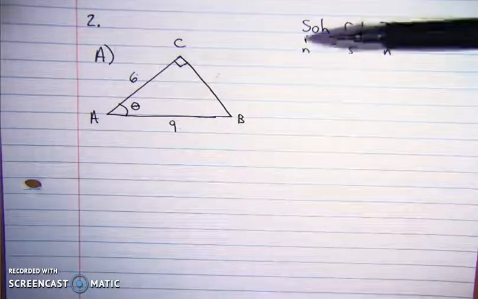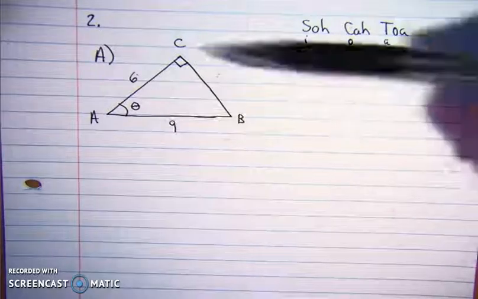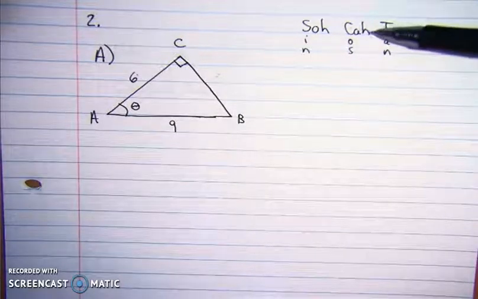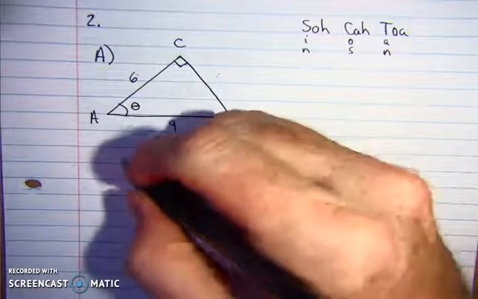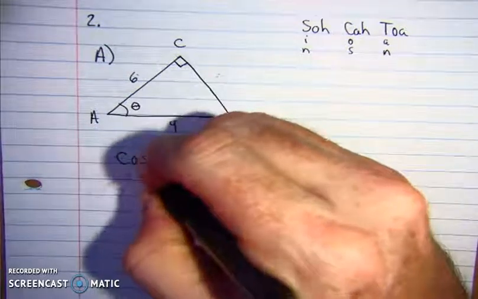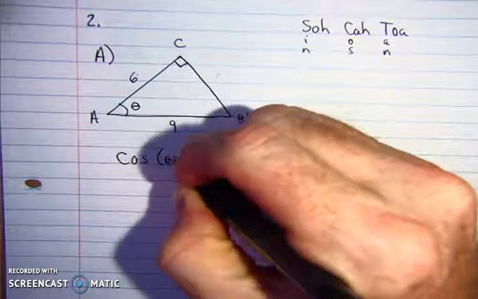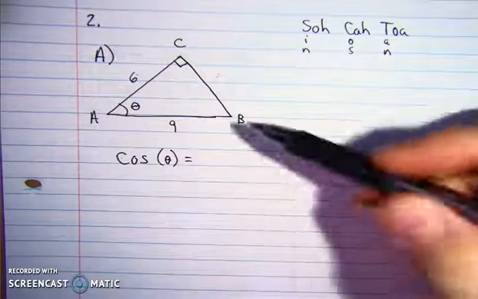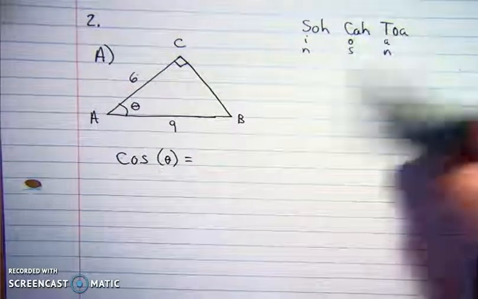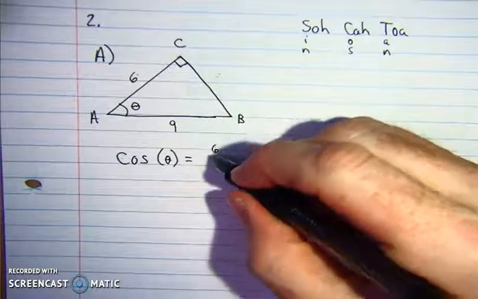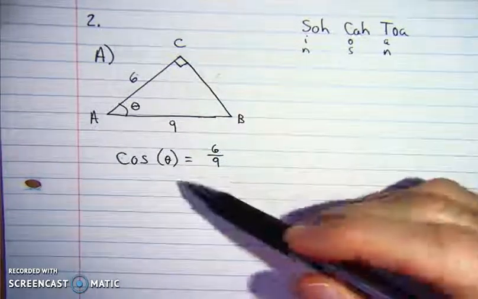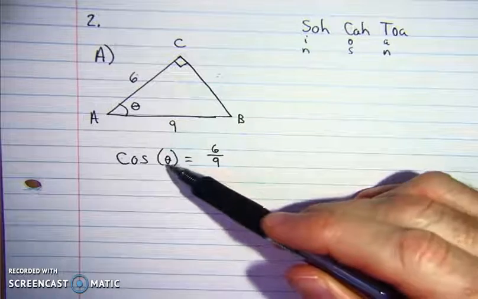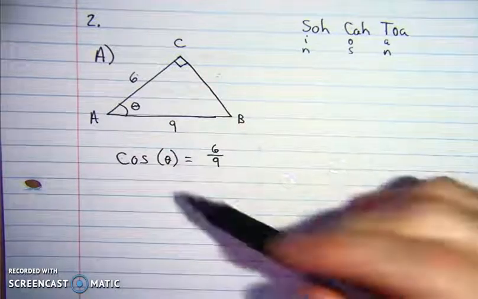What trig function am I going to use if I have the adjacent and the hypotenuse? I'm going to use cosine. So I'll have cosine of theta equals the adjacent over the hypotenuse. So the adjacent is 6, the hypotenuse is 9. Now, I need to get theta by itself.